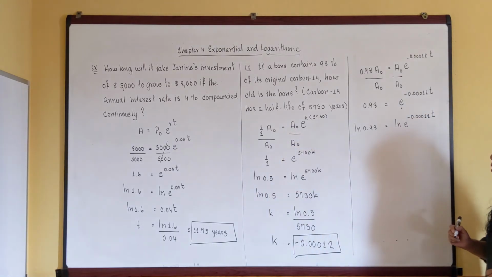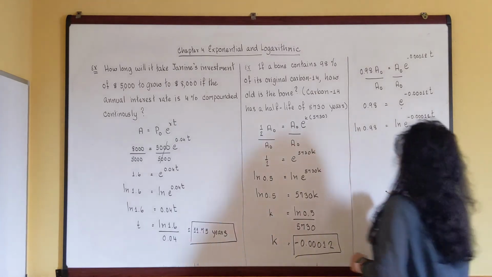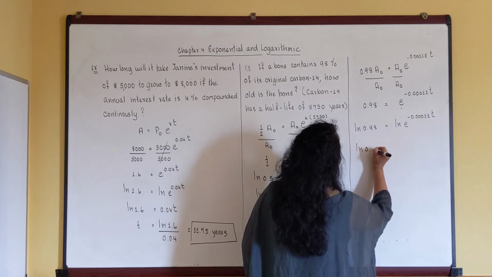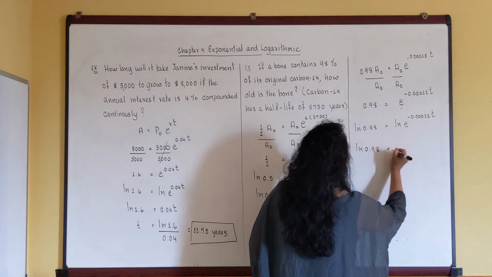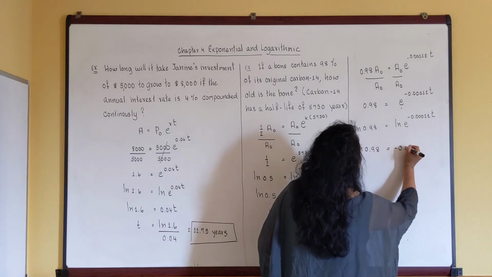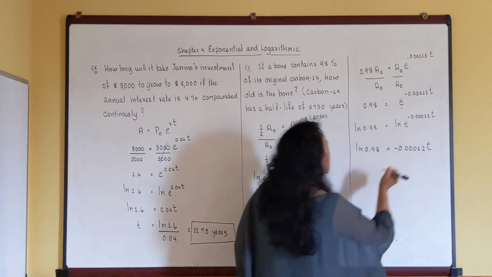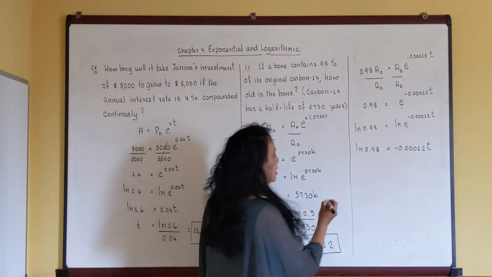Same idea. From here, I'm going to have ln 0.98 equal to negative 0.00012t. Now I can solve for t.